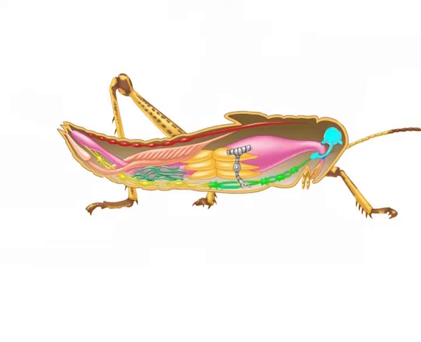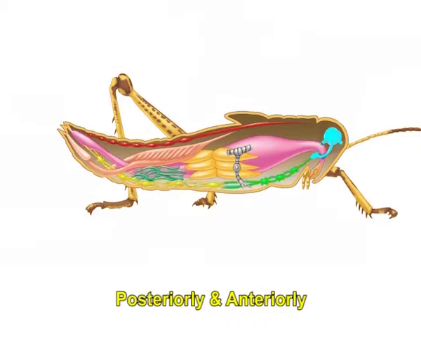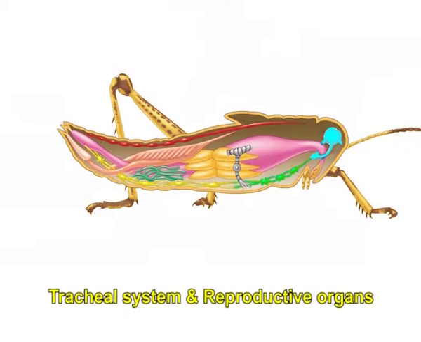The sympathetic nervous system includes nerves and the ganglia that innervate the gut both posteriorly and anteriorly, some endocrine organs, the spiracles of the tracheal system, and the reproductive organs.